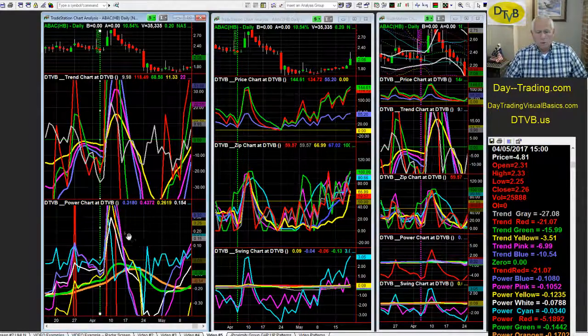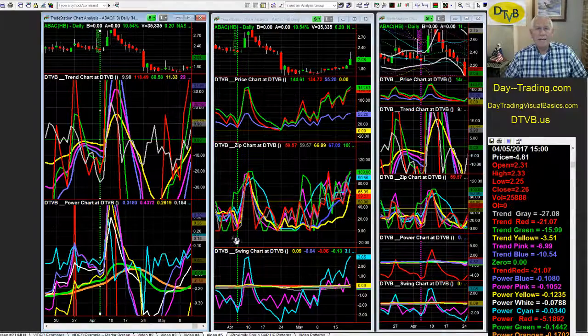And so now, if you go over and you look, for example, in the zip gray chart, remember zip gray is a leading indicator. I said that wrong. Zip red. Zip red is a leading indicator, and its pair is zip gray. They both are very fast. They both are leading indicators.